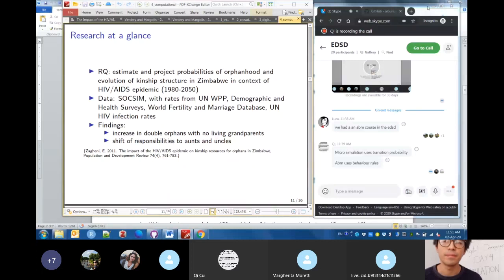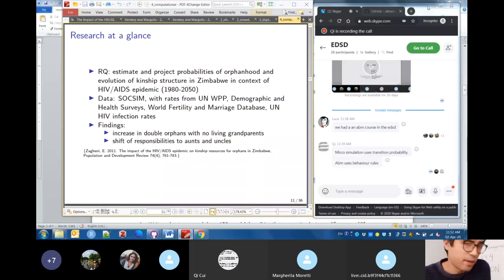So these rates came from the UN World Population Prospects and from Demographic and Health Surveys, DHS, and from different databases such as the World Fertility and Marriage database, and also UN HIV infection rates. Right? So these transition probabilities came from these HIV infection rates, where we can see the rates of infection at different ages, and this you put into the model, and then you get the simulated population.